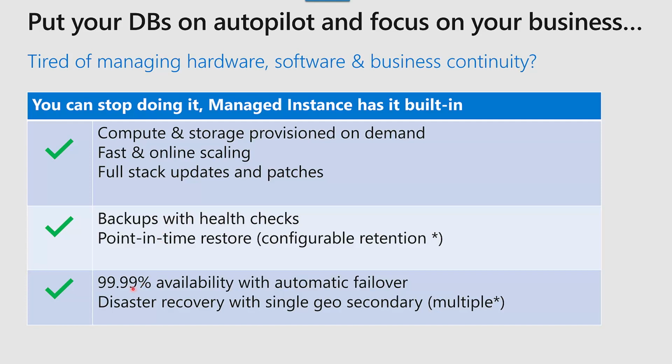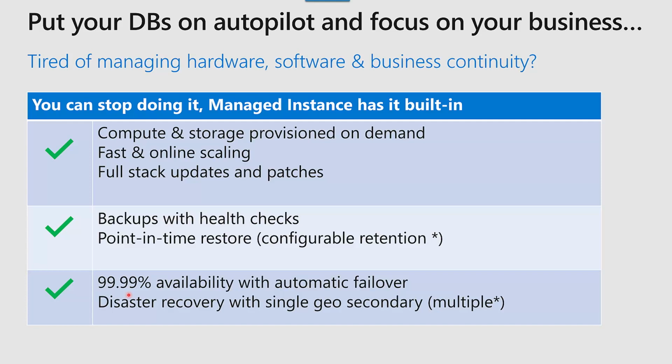High availability you can get, disaster recovery you can get. Automatically it will give you a secondary copy somewhere else in a different region. So you get all of those things without doing anything. I mentioned in the class that this is the critical part of administration where you don't have to do much. It takes care of everything.